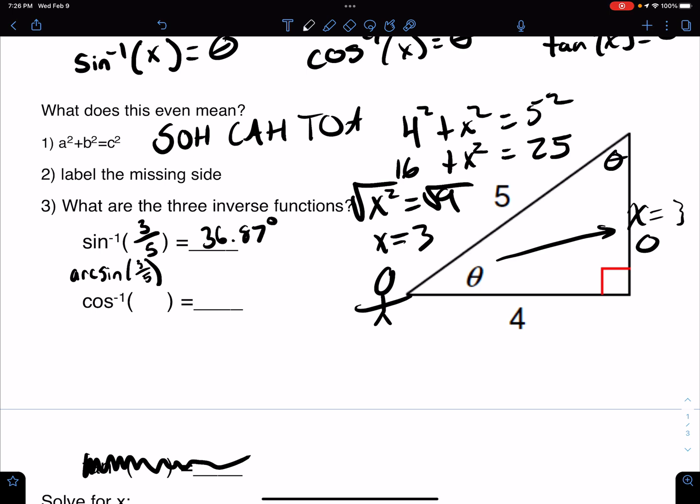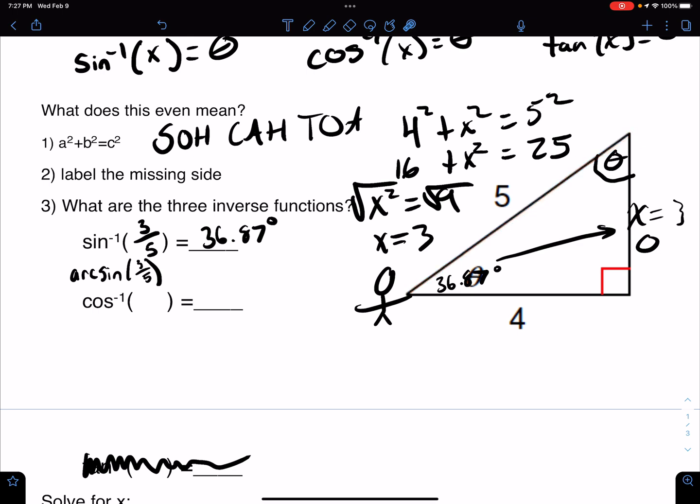Okay? Now on to the next one. So I'm going to look at this angle this time. So I know that this one is 36.87 degrees. So now I'm trying to find this missing angle. Okay? So to find this one, I say, how do I find that? So let's use cosine on this one. So I'll say my adjacent side is here, and I'll say my hypotenuse is here.